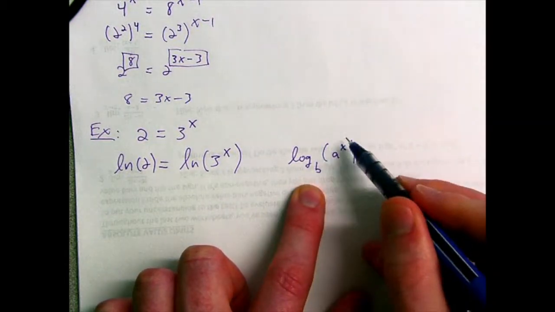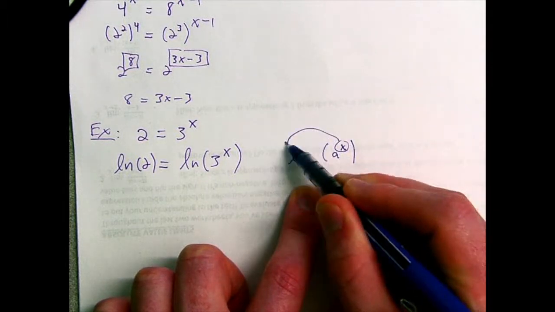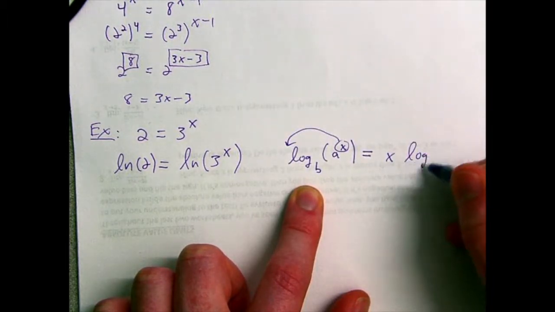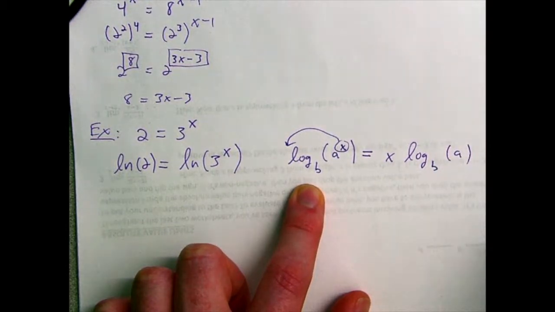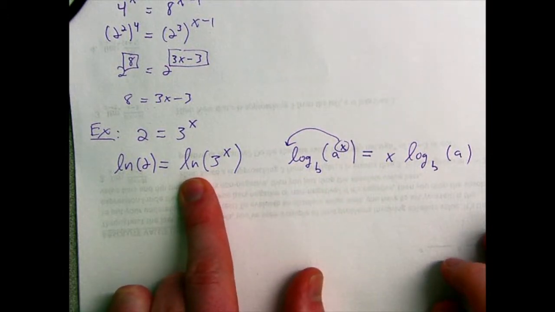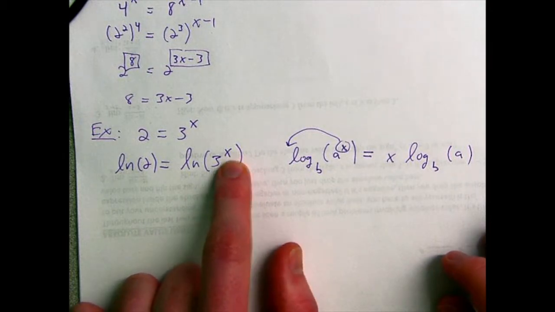So if you have an exponent inside of a logarithm like this, then that exponent can actually be pulled out and put on the side. That is the same thing as x log base b of a. And it is that property that really allows us to solve this equation. Because if you look at what you have here, you have an exponent, x, inside of a logarithm.